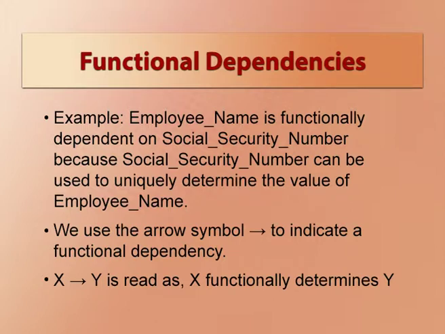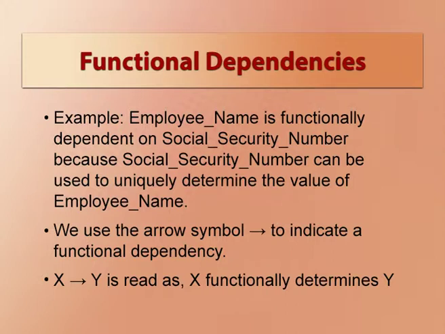Whenever we want to retrieve only the employee name by placing a query, we can use the SSN, social security number, as the key. For whatever the employee name may be, by placing the SSN we are able to retrieve it. Likewise, if you want to retrieve the salary against one SSN, we can do that too. So within the relation, some fields are functionally dependent on other fields.